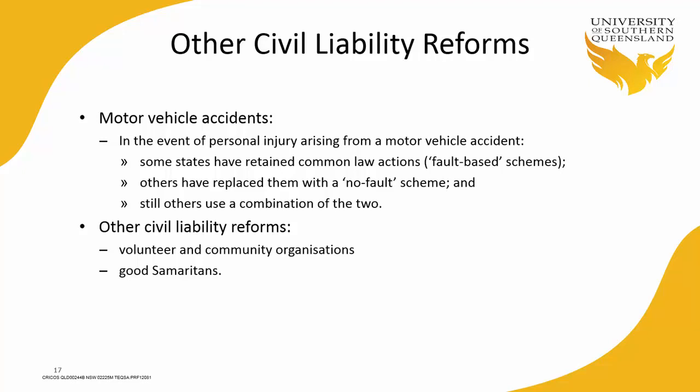Now note that protection from civil liability will not apply except in Victoria if the Good Samaritan was intoxicated, okay, while giving the assistance or advice or caused the injury or risk of injury in the first place.